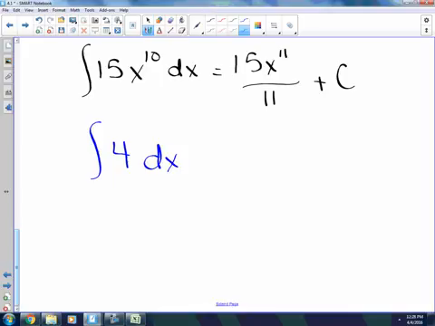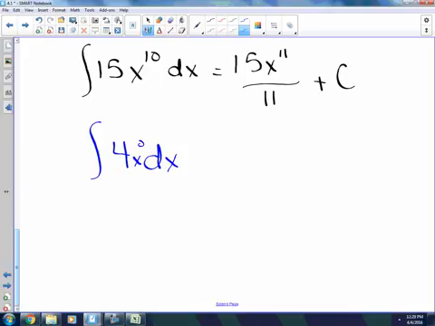There's no x there, but I could put an x there. If I put an x there, what power would it have to be to? That changes it. Yeah, because what's anything to the 0 power? Oh, you're talking about if it was just 4? Oh, yeah. So isn't 4 times x to the 0 still just 4?